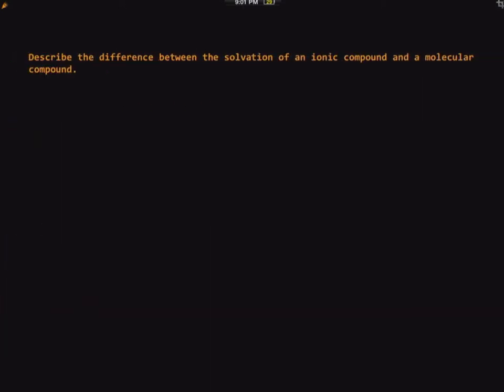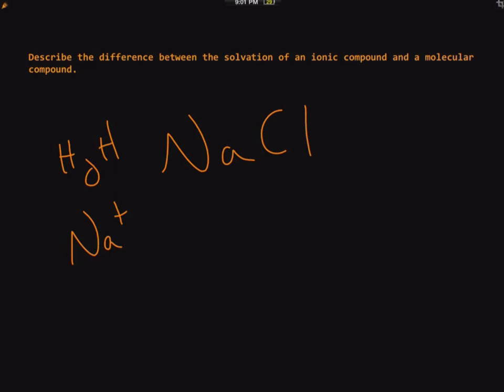What is the difference between solvation for ionic and molecular compounds? Well, an ionic compound or an electrolyte compound, when you dissolve that in water, what happens is each individual ion of sodium gets surrounded by water molecules, and then the chloride ions get surrounded by water molecules.